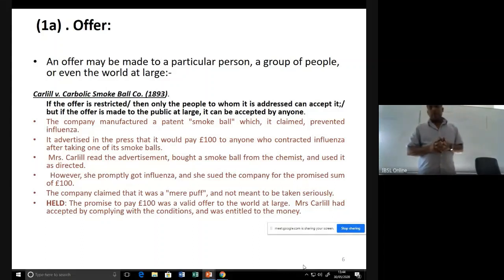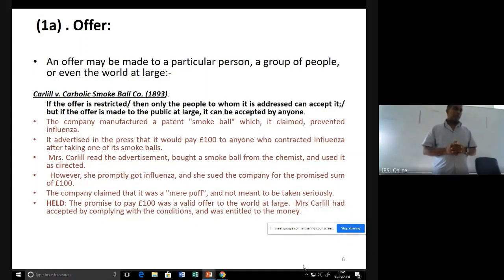So for this offer, there is a case that you have to remember. Last week also we studied several cases under the sources of law. Under this contract law, the offer, to whom the offer can be addressed. This case is very, very important: Carlill versus Carbolic Smoke Ball Company.